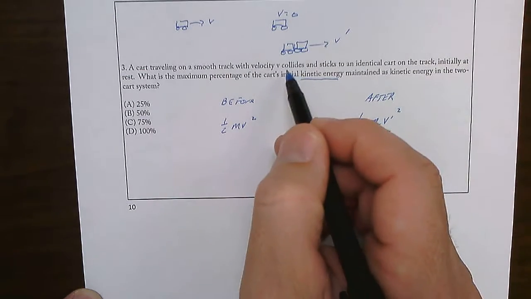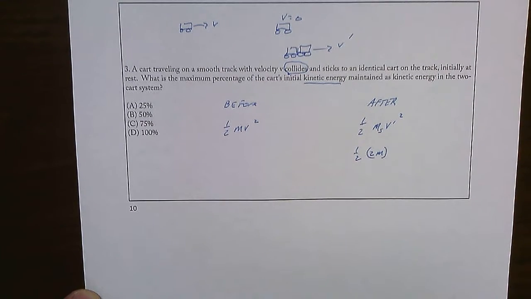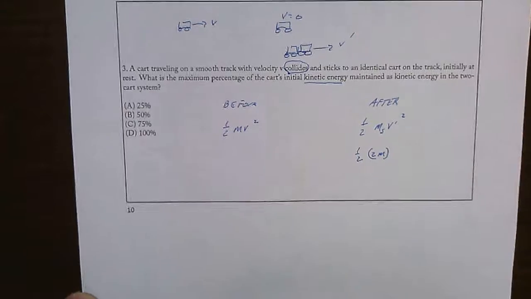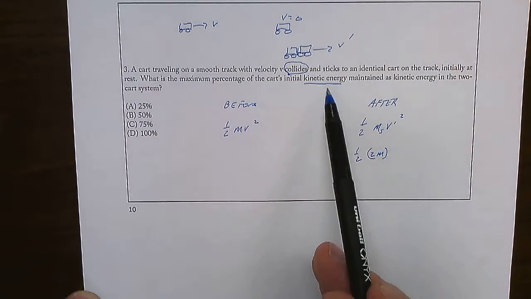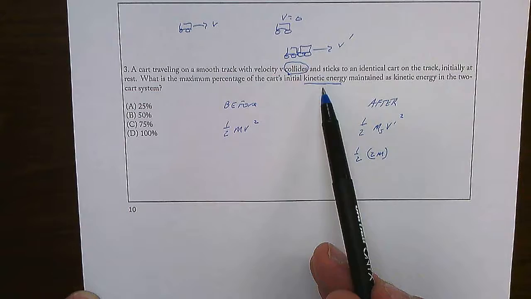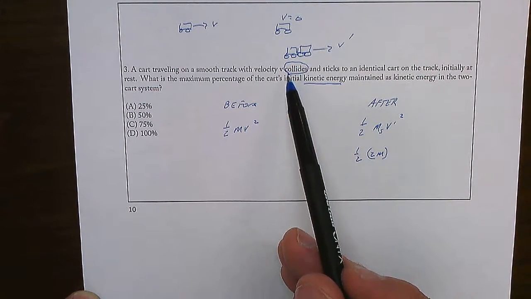And the key word here is collides, right? While I've been teaching you and preaching that collides means conservation of momentum, we wouldn't want to start with conservation of momentum because this question is about kinetic energy. But ultimately, conservation of momentum works its way into here.